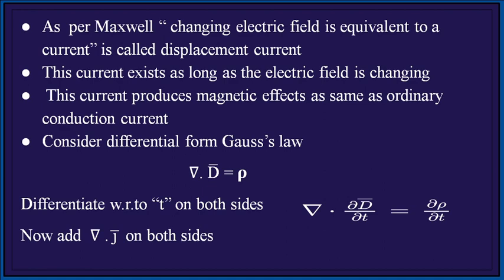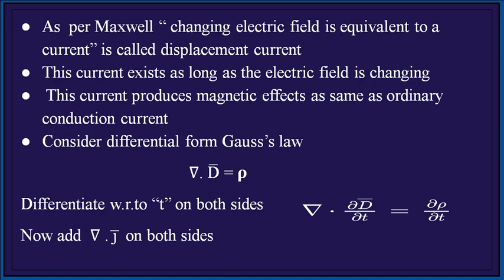And this displacement current also produces magnetic effects, the same as the ordinary conduction current, because according to Biot-Savart's law or Ampere's law, whenever current is flowing through a wire, a magnetic field is developed around the wire. So not only by this conduction current, but also by this displacement current, we can have magnetic effects.